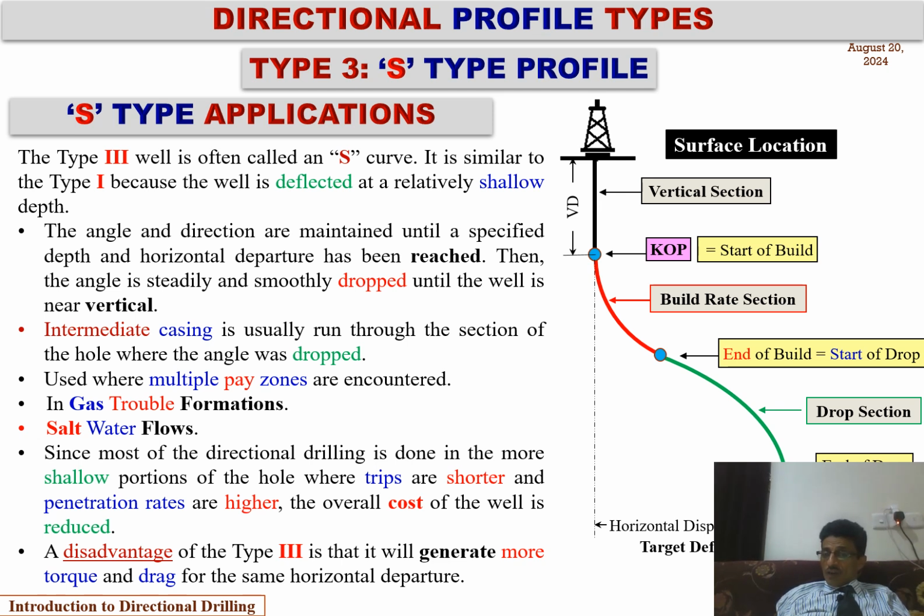The end of build rate is the same as the start of the drop angle. This build angle and drop angle lead to the target of our reservoir. Horizontal displacement is the target deflection from the vertical side from the surface location.